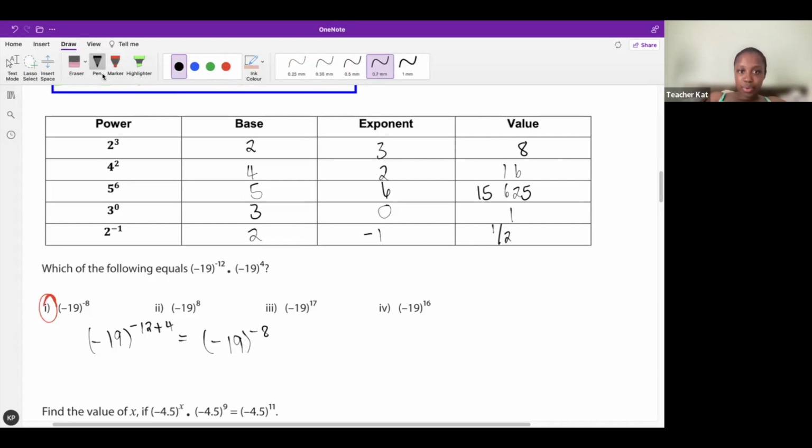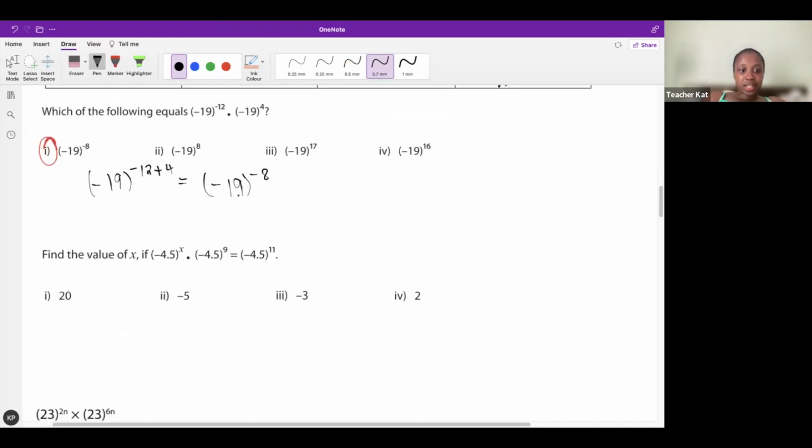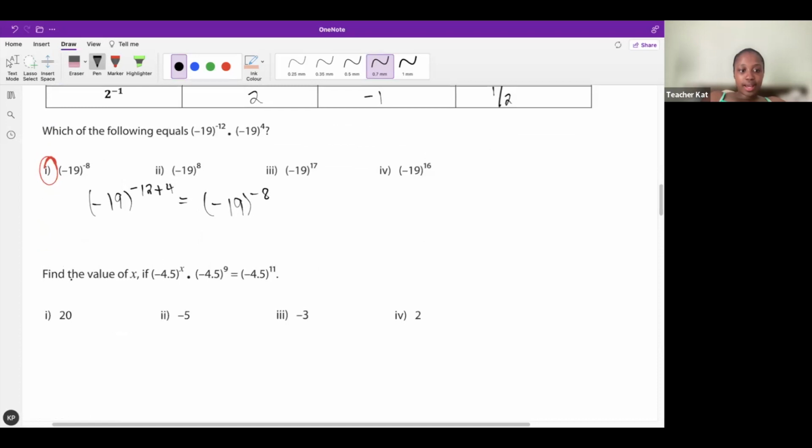Our brains are warming up, I hope. Next one. Find x. What is x? If -4.5 to the power of x times -4.5 to the power of 9 equals -4.5 to the power of 11.